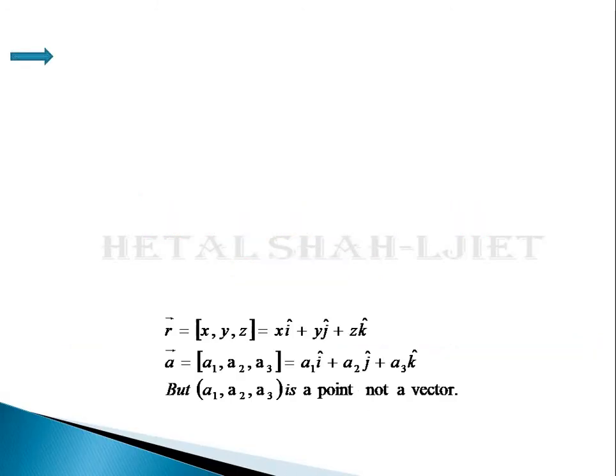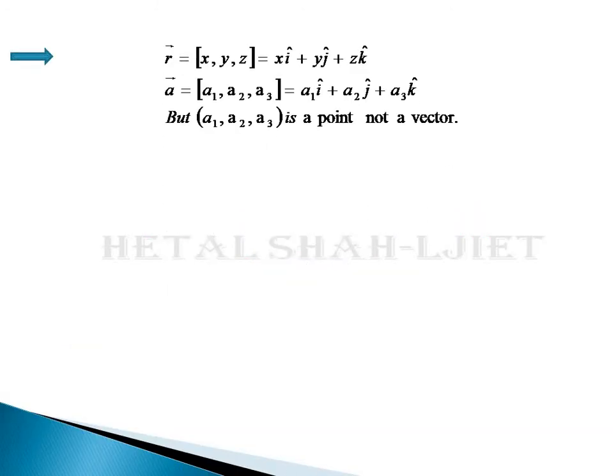Okay, for that let's start with some usual notation of vector r, which is defined in the bracket as x comma y comma z. Then it can be written as x i cap plus y j cap plus z k cap.